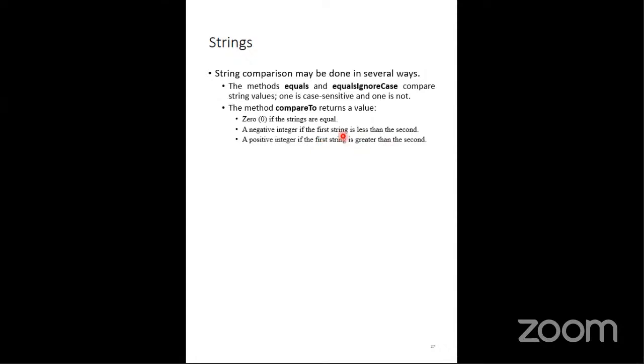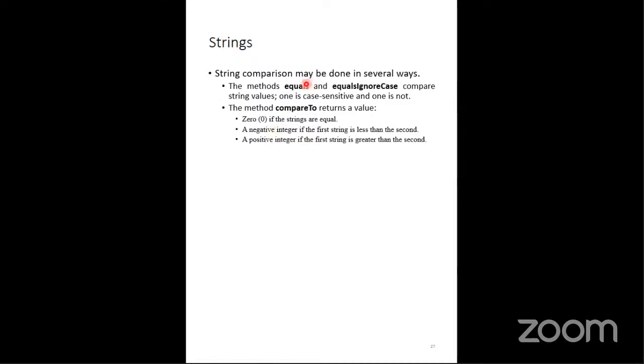Now here less than and greater than means that it will compare the strings character by character, by their Unicode, and wherever the first mismatch occurs, it will compare which character at that position has the larger or smaller Unicode value. Depending upon that, it will return the negative value or positive value.